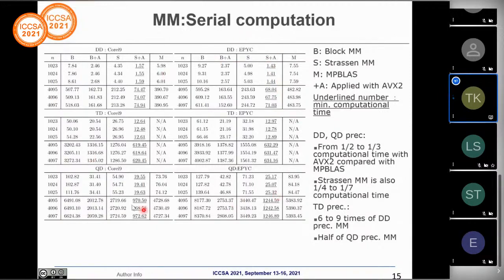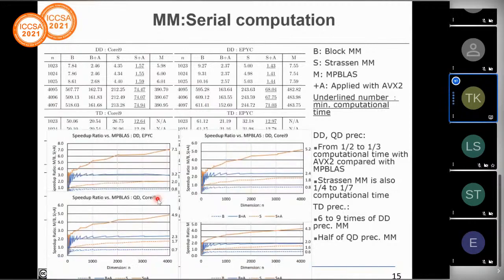According to these tables, we can understand that simulated Strassen matrix multiplication can be the most efficient matrix multiplication.